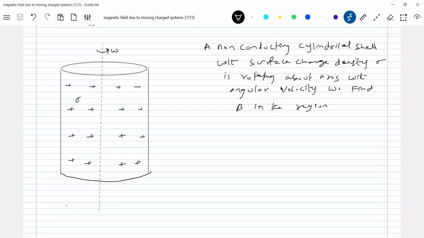The charge is present on the surface. It's a long non-conducting cylindrical shell, not a short one. Long in the sense infinity.